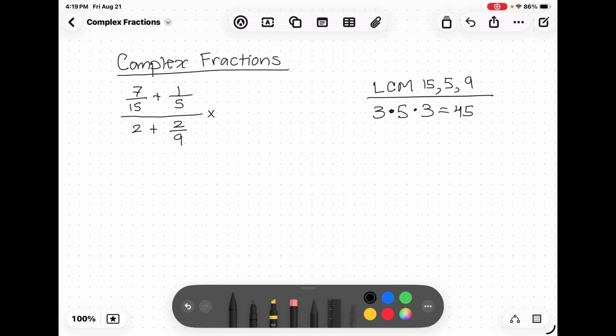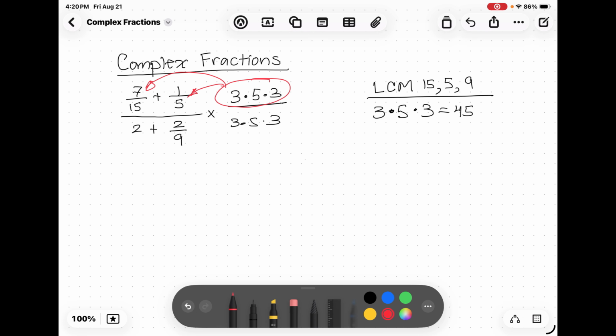And remember what I said. Back here, I was going to go least common multiple over least common multiple. That's the plan. So I'm going to set that up now. 3 times 5 times 3 over 3 times 5 times 3. All right, so what happens? This gets distributed to both of these terms.